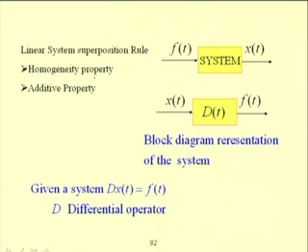This is the homogeneity property of the system. Similarly, for a force F1, if the response is x1, and for another force F2 the response is x2, then if a force F1 plus F2 is applied to the system simultaneously, the response should be x1 plus x2. That is the additive property.